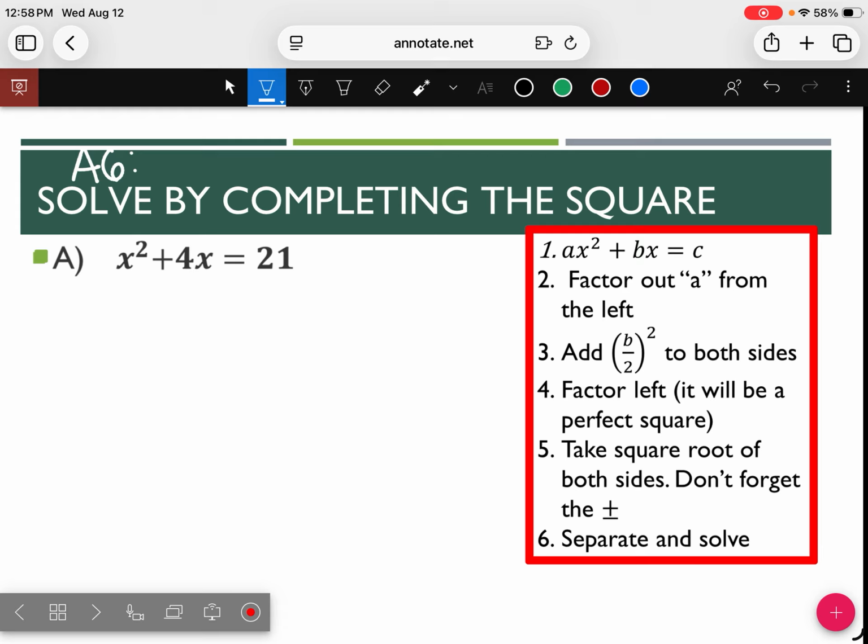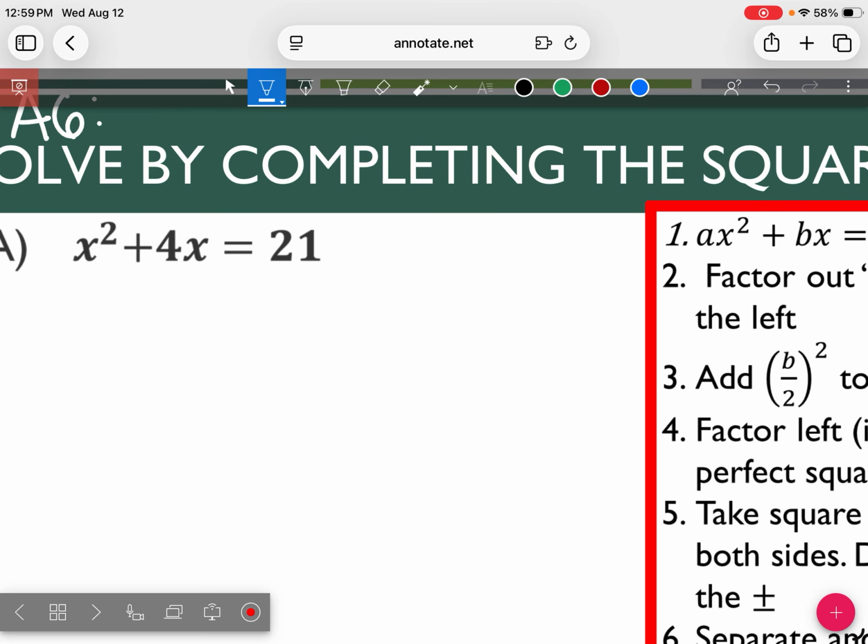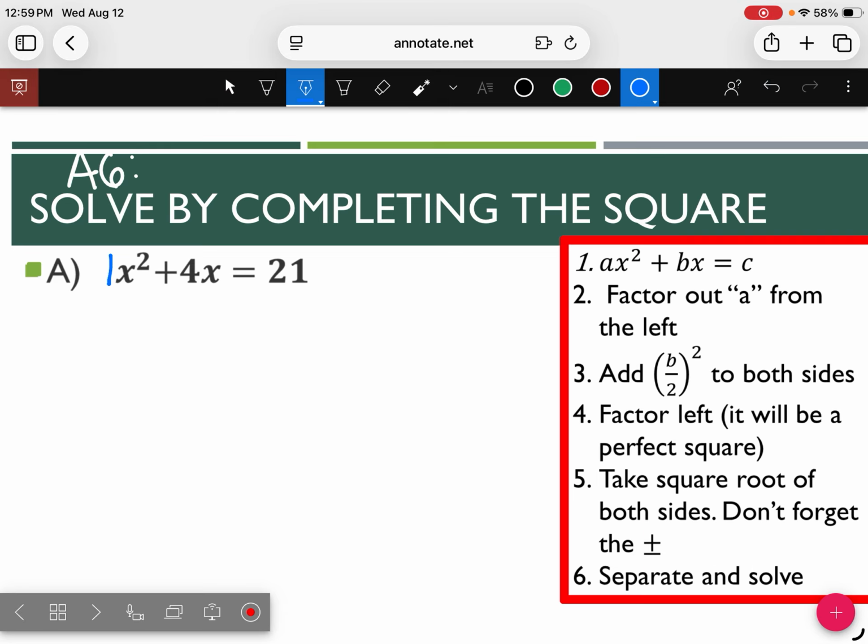Okay, everybody got that? Step 2, we don't have to do yet, because what is A? 1. We don't have to take out 1. 1 is that universal number that's just always going to be there. This step only applies when A is not 1. So maybe you want to write that next to the recipe. This is when A does not equal 1. That's when we do step 2.